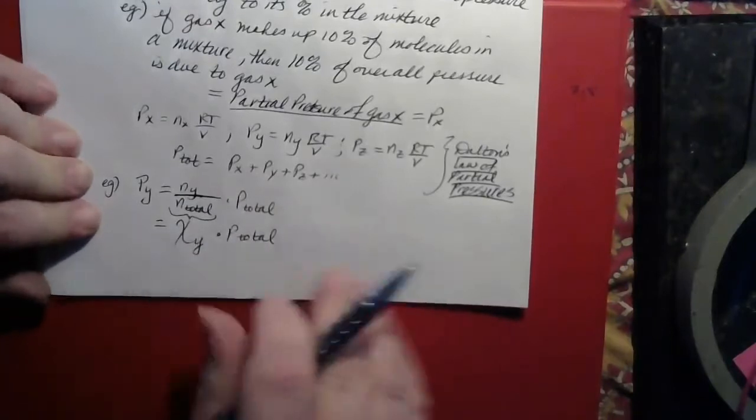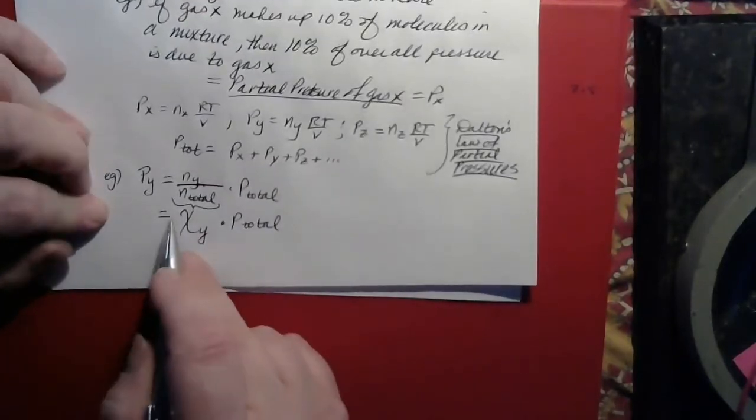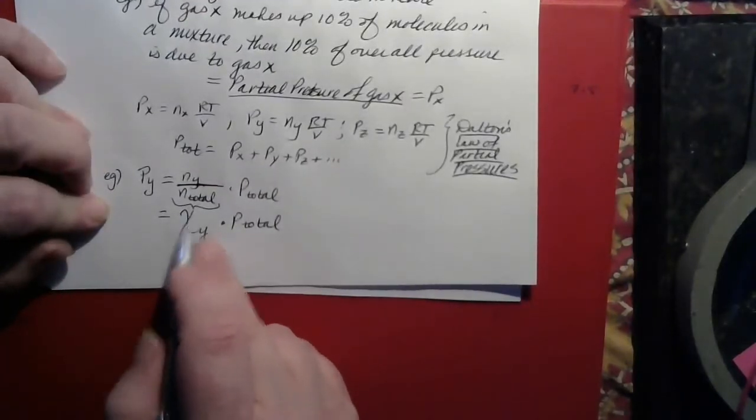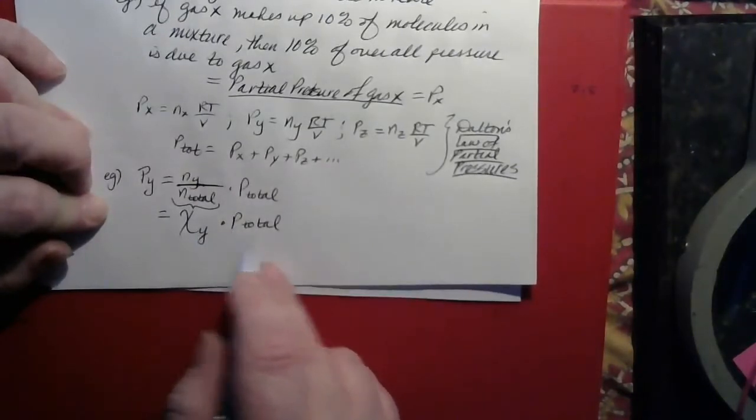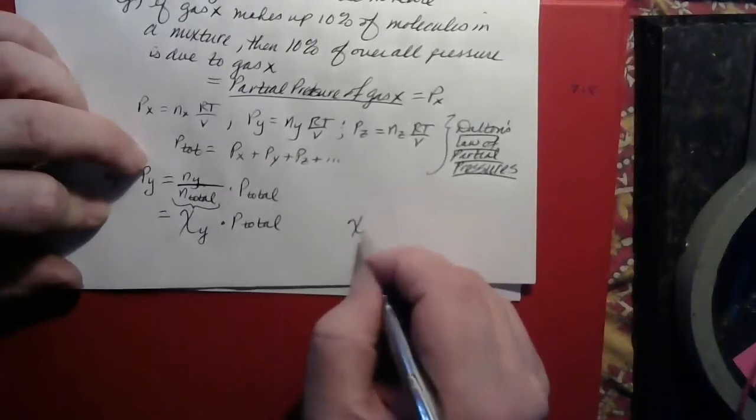Another way of writing this is the pressure due to gas Y is equal to the Greek letter chi, with a little symbol of Y after it, times the total pressure.